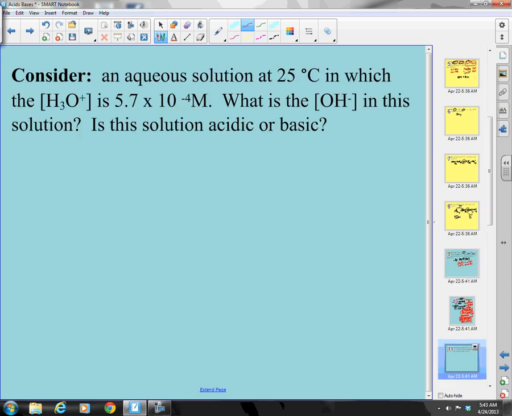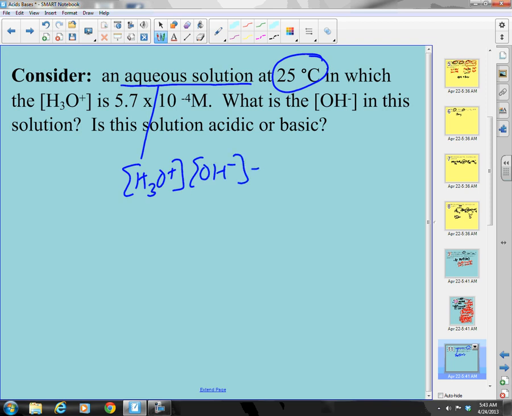Good. Moving on. All right, consider an aqueous solution. So I have an aqueous solution, cool. At 25C, that means I know something, right? If it's an aqueous solution at 25C, what do I know? I know that my hydronium concentration times my hydroxide concentration equals 1.0 times 10 to the minus 14th. Good.